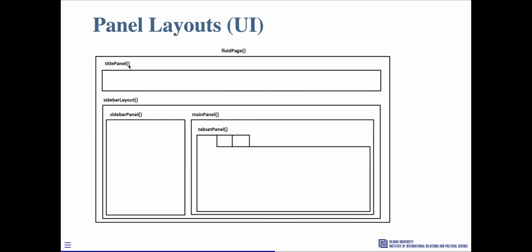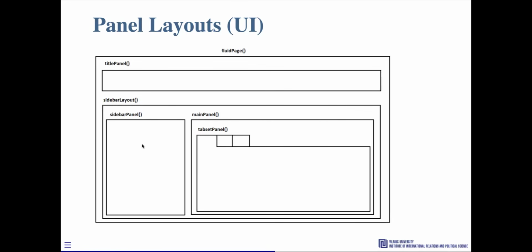So here, what is going on? Well, in this example, we have a fluid page that encompasses everything, and inside it, we have this title panel that is self-contained, which basically will just have text. Below that, we have this sidebar layout. Sidebar layout is one of these pre-built layouts that Shiny has, which will assume a sidebar panel.